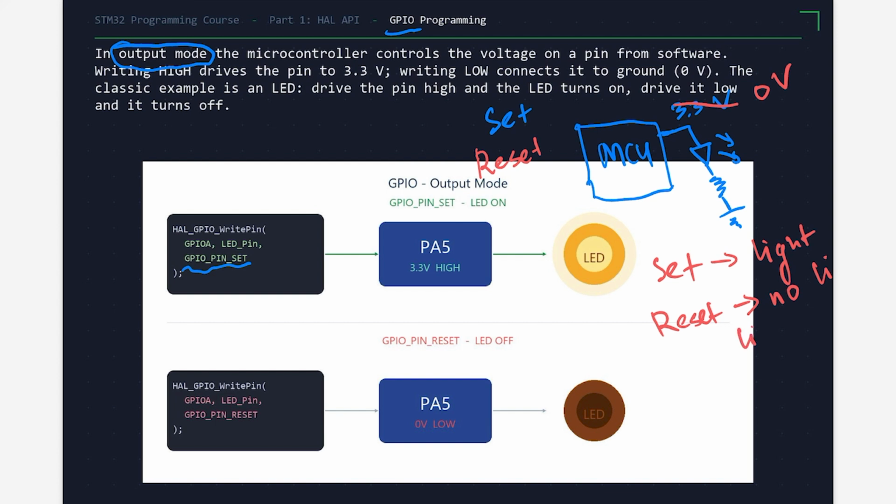We can control the state of the LED. So it's a very simple idea, but this is the foundation of everything in embedded programming. So I think it is enough to switch to the practical side. Next, we're going to set up a new project and we will configure the pin in output mode.